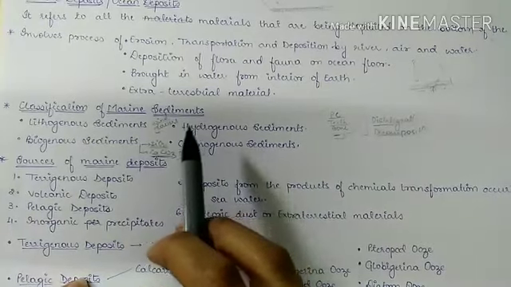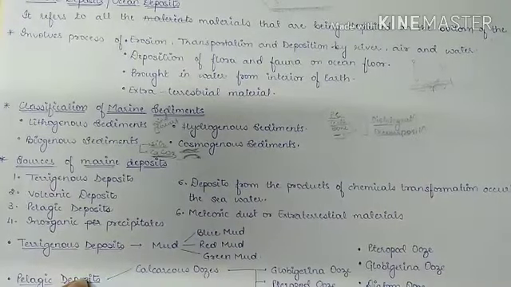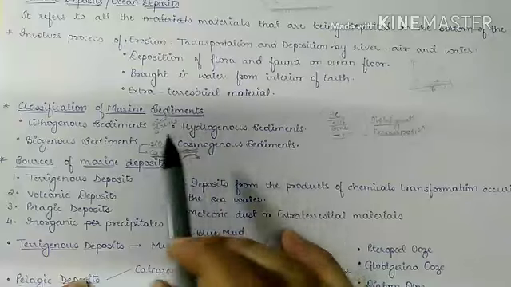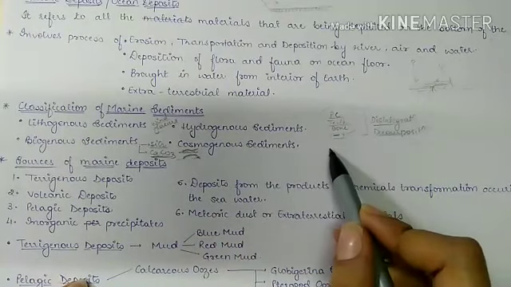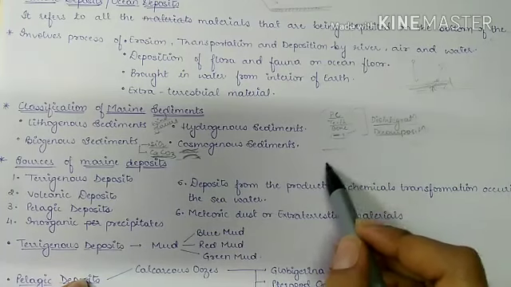Now these biogenous sediments are divided into two types on the basis of the depth at which the animals are found.